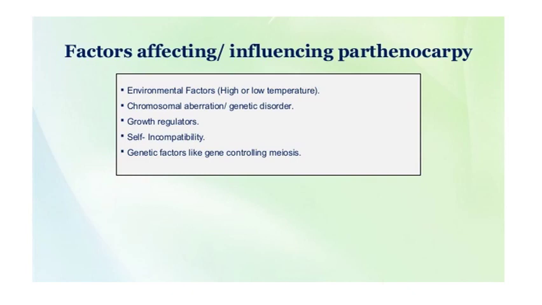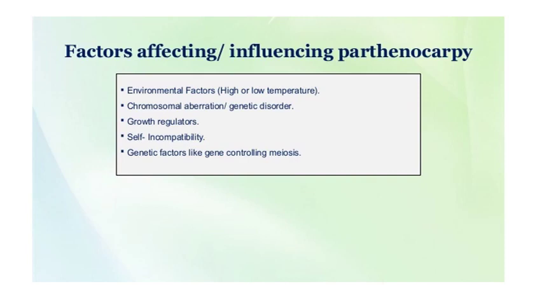There is another factor that influences parthenocarpy. These are the growth regulators. These plant growth regulators, except ethylene and abscisic acid, induce fruit development. However, the gibberellins, auxins, and cytokinins induce parthenocarpy.